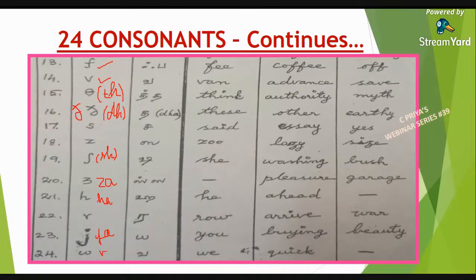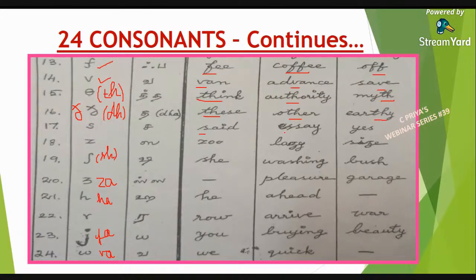The 24th sound produces va. We shall see whether they occur in the initial place: fee, coffee, off. Van, advance, save. Think, authority, myth. These, other, they.